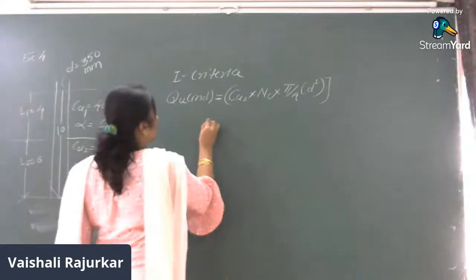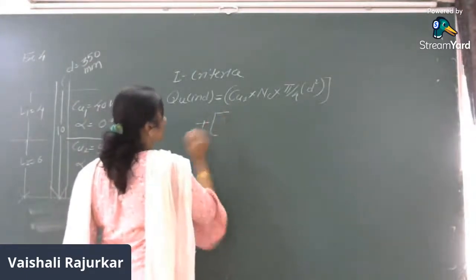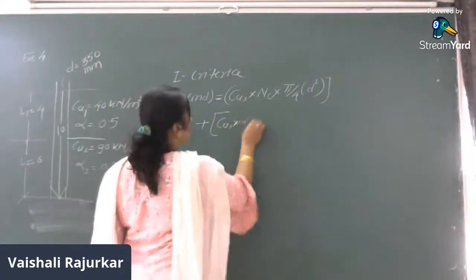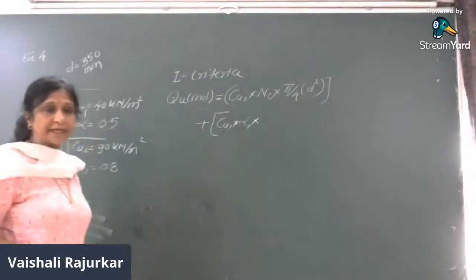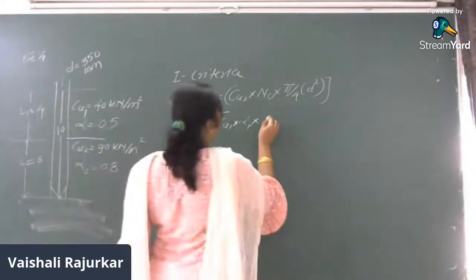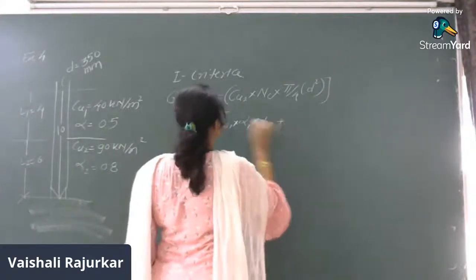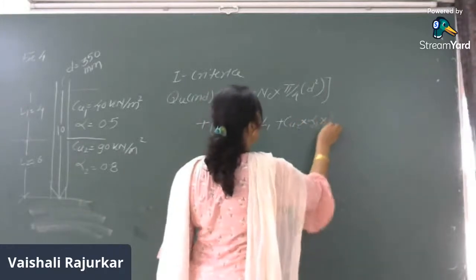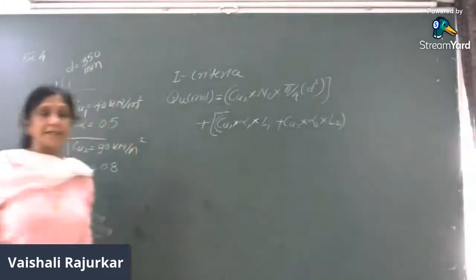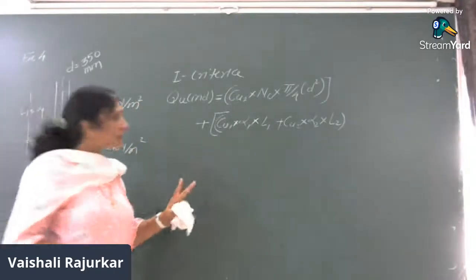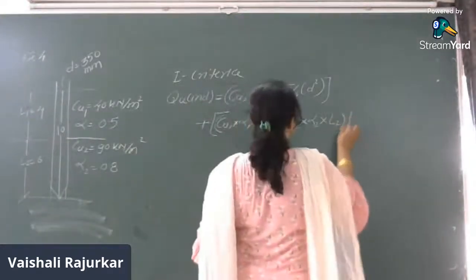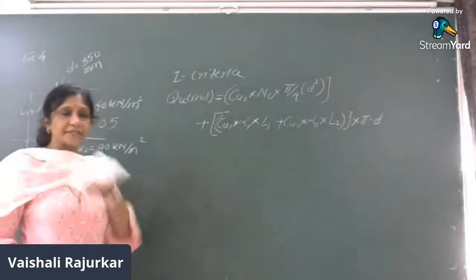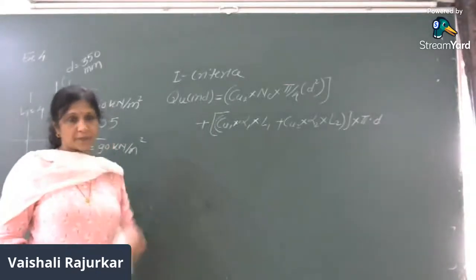Plus Cu1 into alpha 1 into L1, plus Cu2 into alpha 2 into L2. Now the other parameters are the same, that is pi into d. That is the only difference that we have to make in the equation, right?